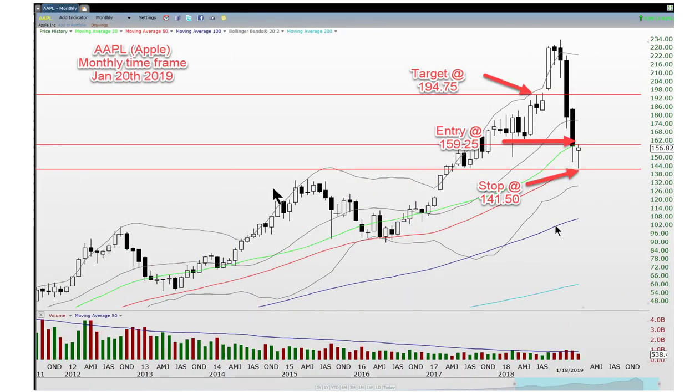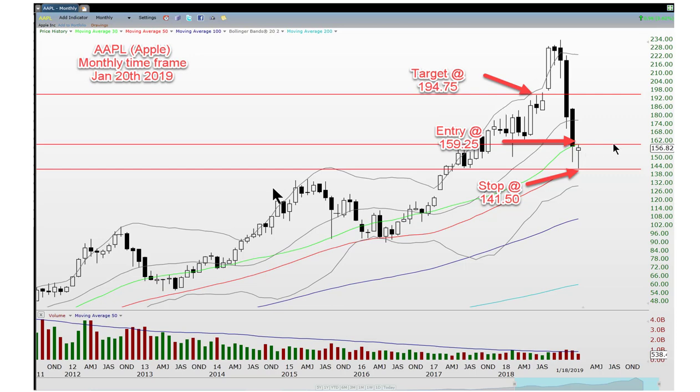We are looking at the Apple chart in the monthly time frame on January 20th. Tomorrow being the holiday, the market opens on the 22nd. So if and when the price reaches 159.25 in the upcoming week, the trade could be entered, and the stop loss needs to be set at 141.50, and the target that we are aiming for is 194.75.